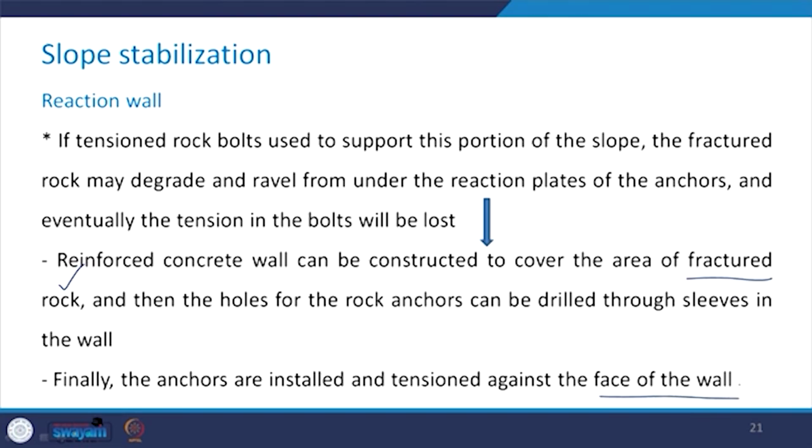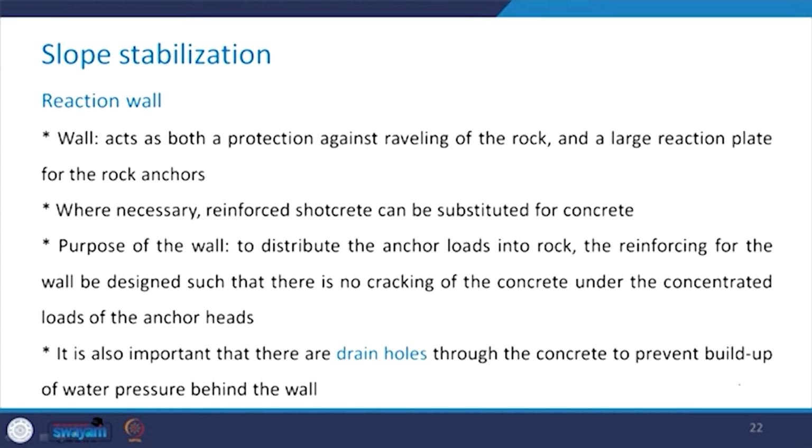So that's how the anchors as well as the reaction walls both need to be provided in such a situation. What happens to this wall? It acts as both protection against raveling of the rock as well as a large reaction plate for the rock anchors. Wherever necessary, reinforced concrete can be substituted for this concrete.